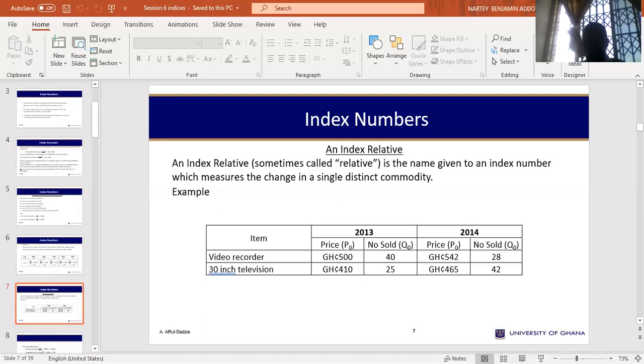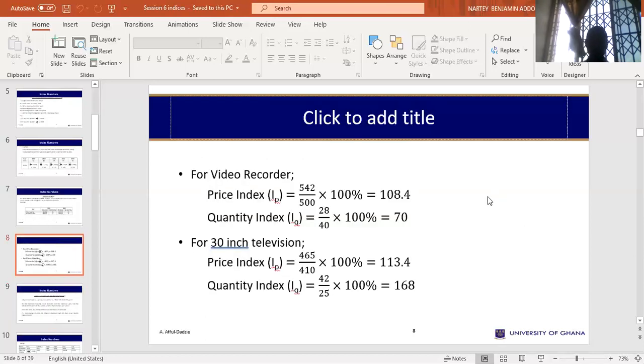So let's see how we calculate this. For the video recorder, the price index is the normal thing we have been doing, 542 over 500, so that would be 108.4. And then the quantity index will be 28 over 40 times 100, that would be 70, right?